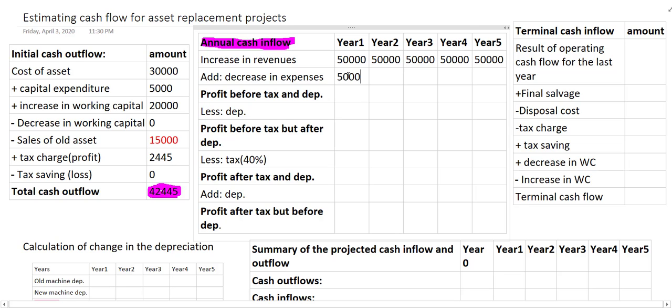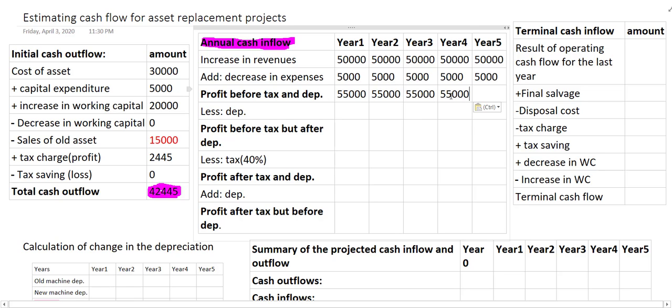Expenses also decrease by how much? The expenses decrease by 5,000. So for each year it decreased by 5,000, and last year also it decreased by 5,000. If you added both, you get 55,000, right? So 55 for each of these years, so you have to take it for all of these.